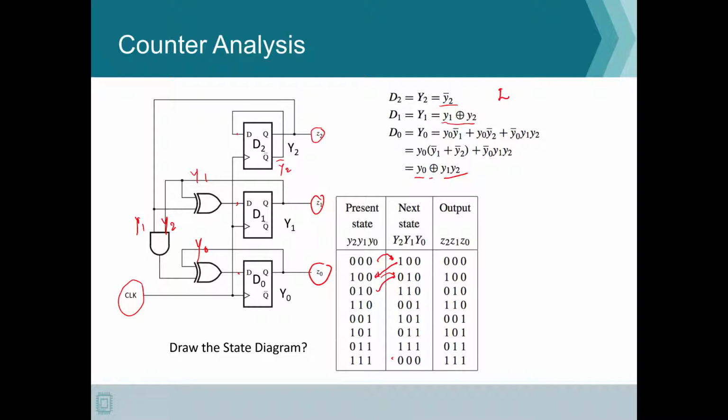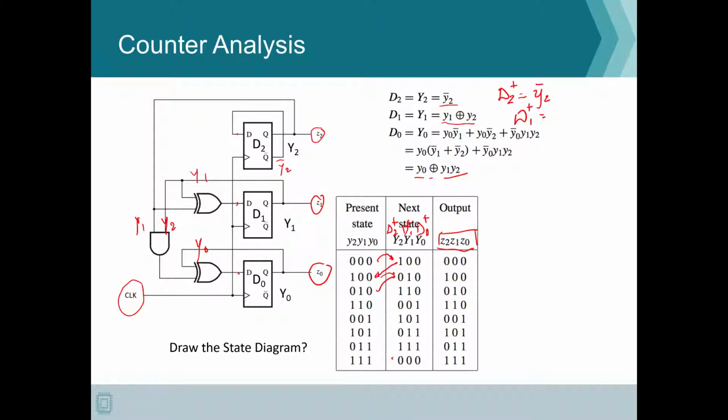Our next state values, D2 plus, D1 plus, and D0 plus, are also the values of Y2, Y1, and Y0, which are the outputs. D2 plus is Y2 bar.